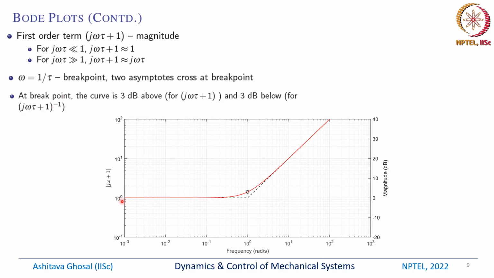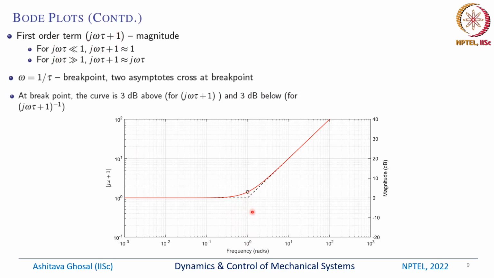We have one part which is this asymptote which is constant. This is like 1, 10 to the power 0 is 1, and the other part is like j omega tau, so as omega increases, it increases at some angle. At the breakpoint, the output is a little bit more if it is in the numerator.